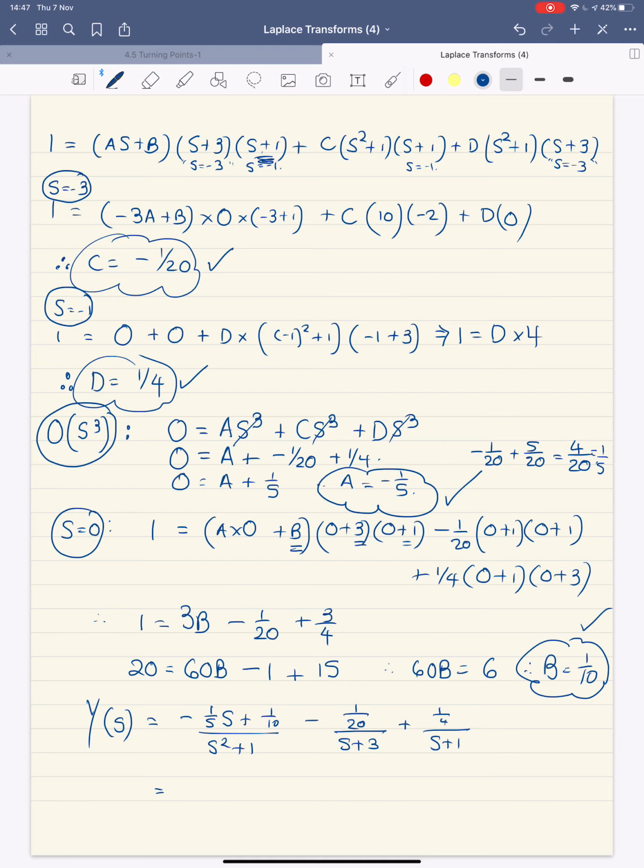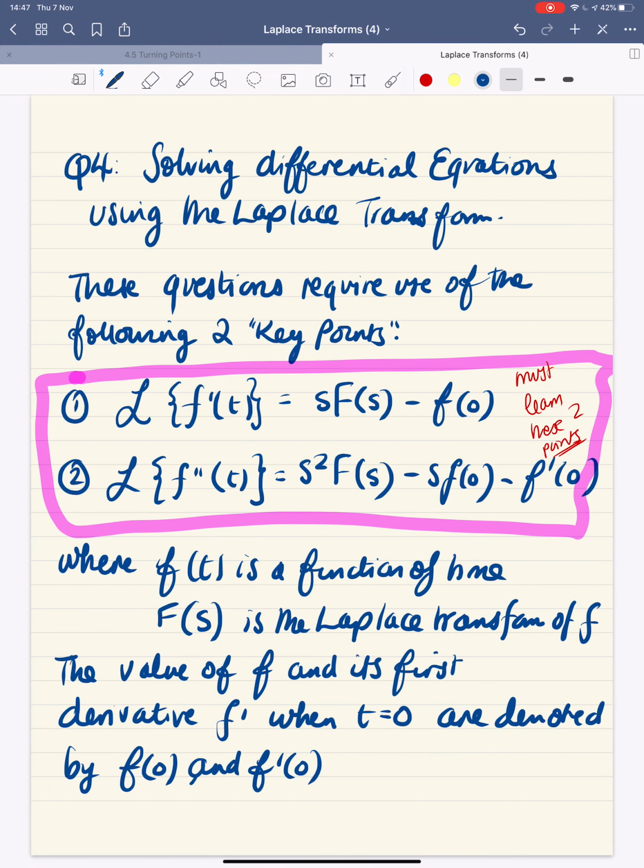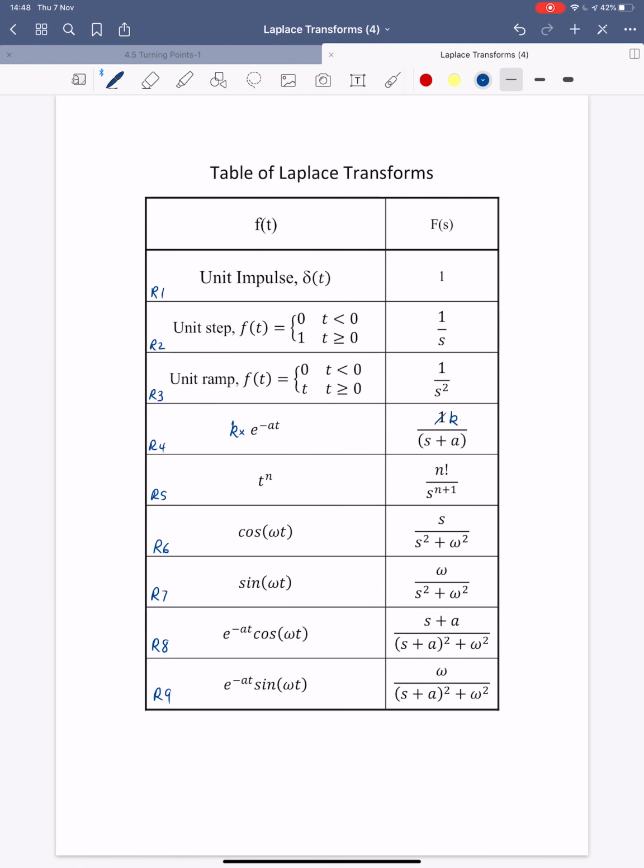Plus 1/10 over s squared plus 1. I'm going to go to the table. Minus 1/5 s over s squared plus 1 is one of these, because the minus 1/5 can just go in the front there, and multiplies each side of that.